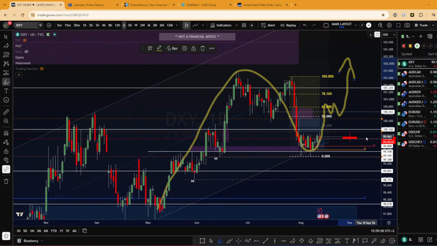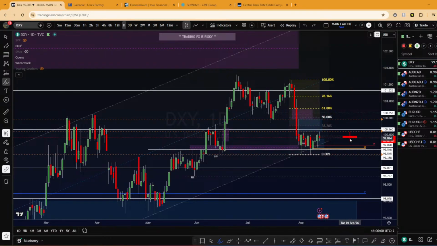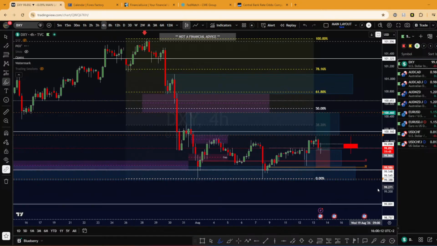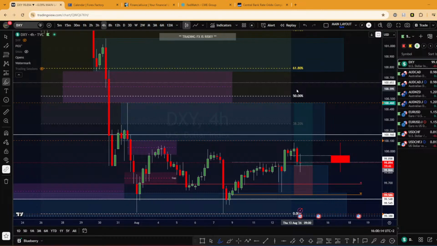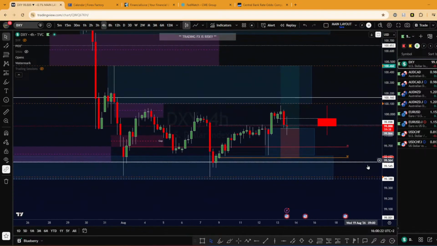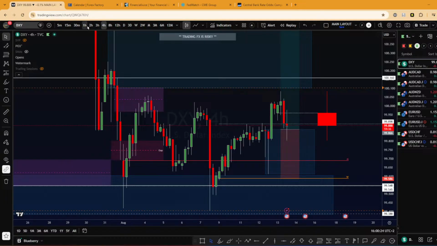Okay, so selling the dollar right now doesn't make sense for me. So that's why I am, at least for the end of this week, bullish on the dollar, even though we have soft inflation. Okay, technically, I'm just basing this trade technically. Okay, so it seems like we are rejecting right now this level.